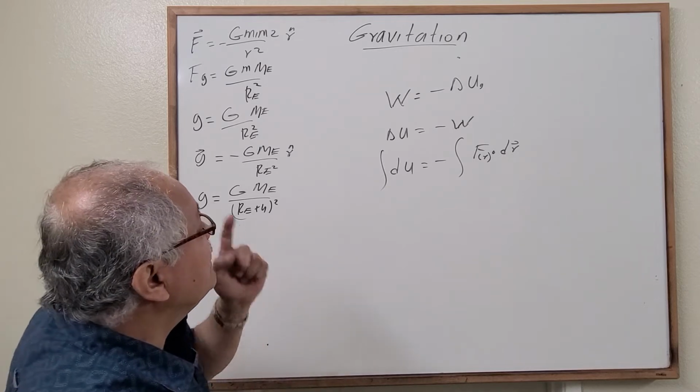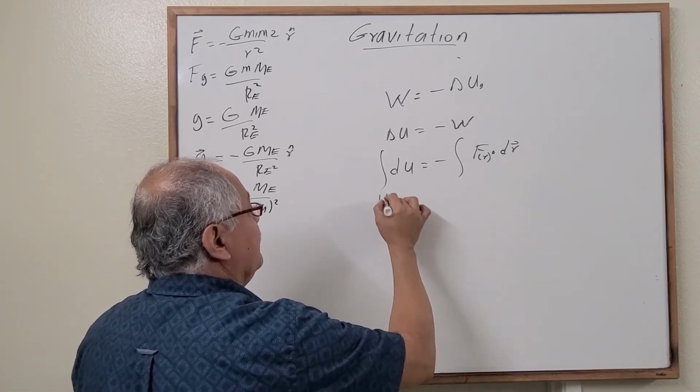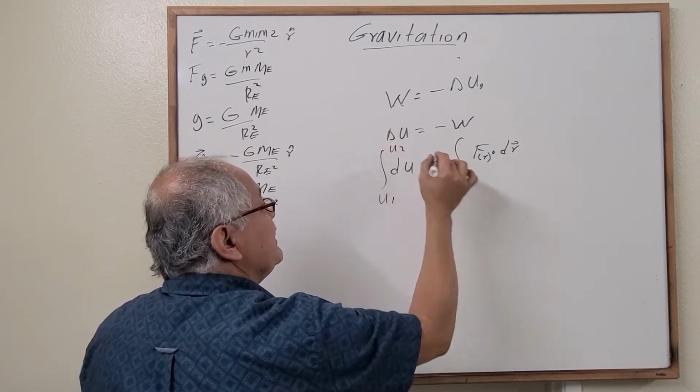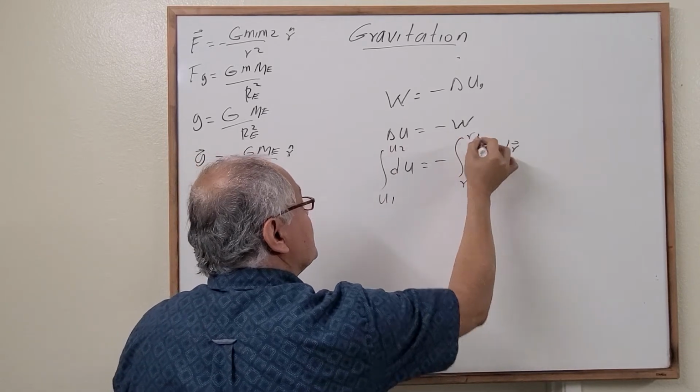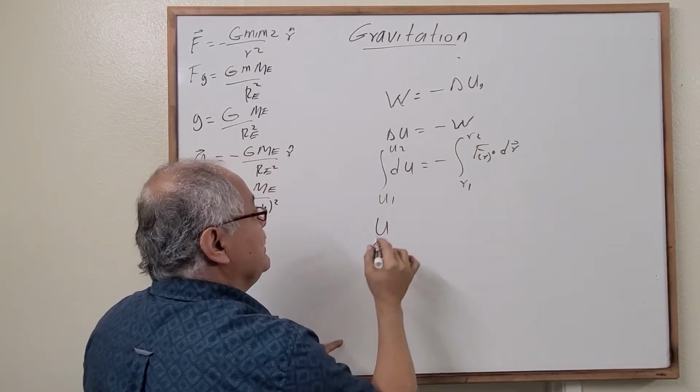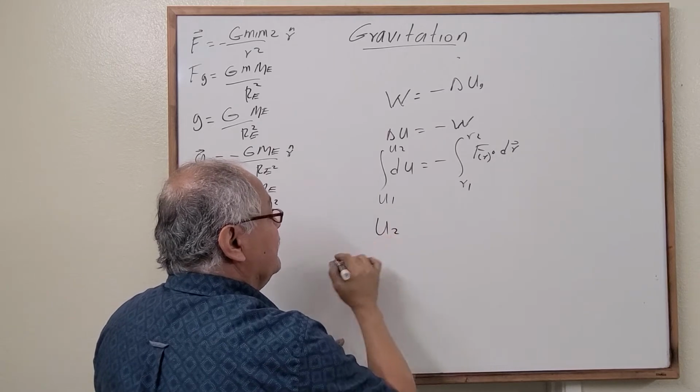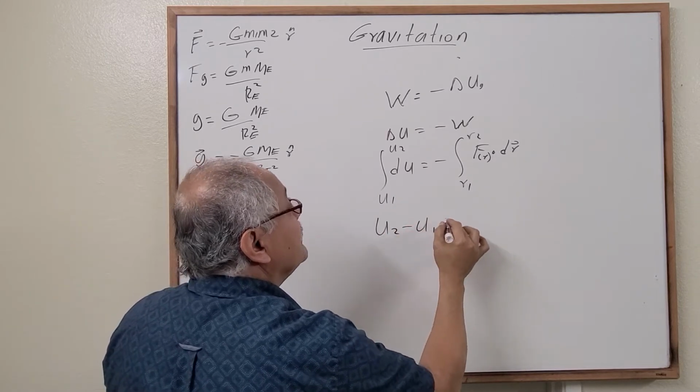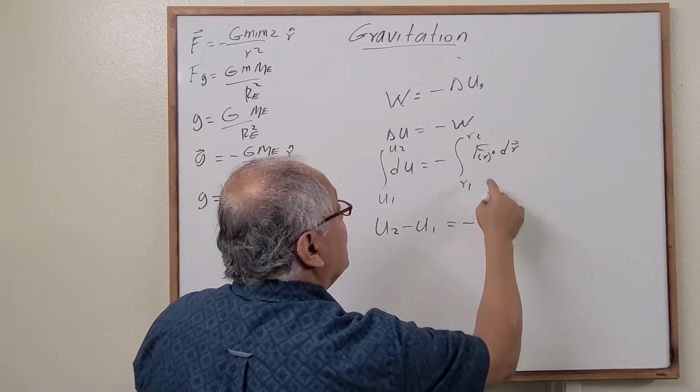That is, on the radius, and it is a central force. Perfect. Let's do it, from R1 to R2. In this case, the change, final minus initial, is equal to negative the integral of this force.